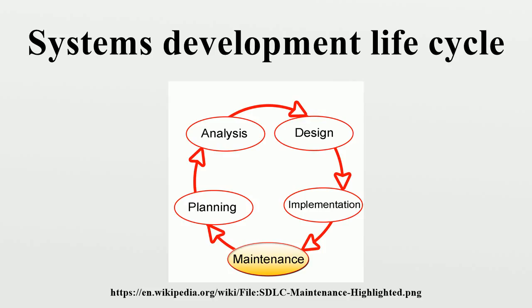For each requirement, a set of one or more design elements will be produced as a result of interviews, workshops, and/or prototype efforts. Design elements describe the desired system features in detail, and generally include functional hierarchy diagrams, screen layout diagrams, tables of business rules, business process diagrams, pseudocode, and a complete entity relationship diagram with a full data dictionary.